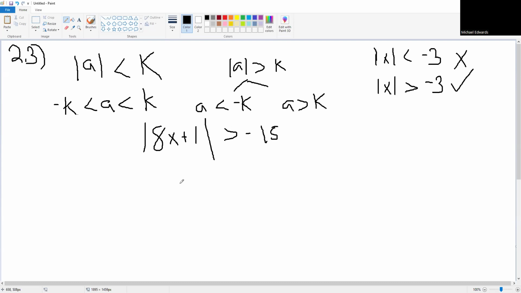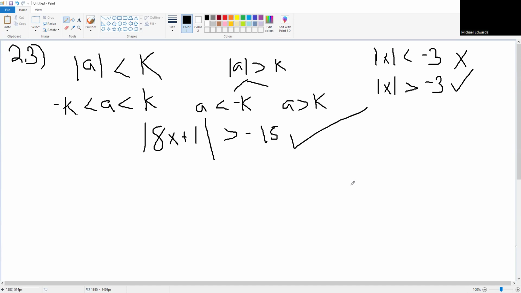So, should we solve it, or should we just say any real number will work? Well, if any real number works, we can get our intervals out of it. We probably should get our intervals out of it, but we know that all numbers will work. So all solutions work on this one.